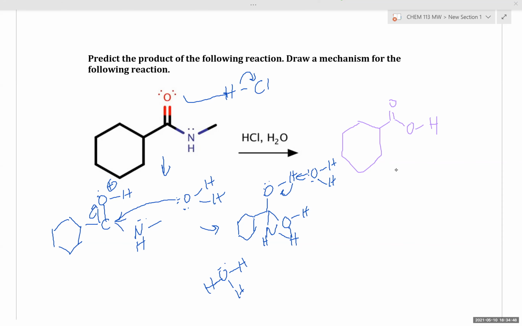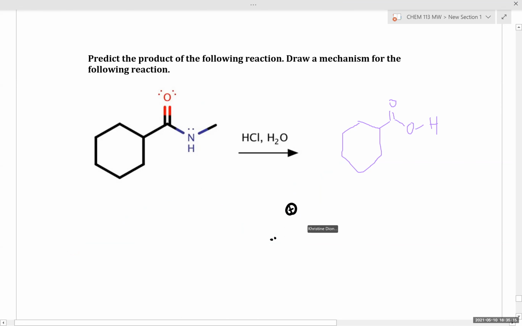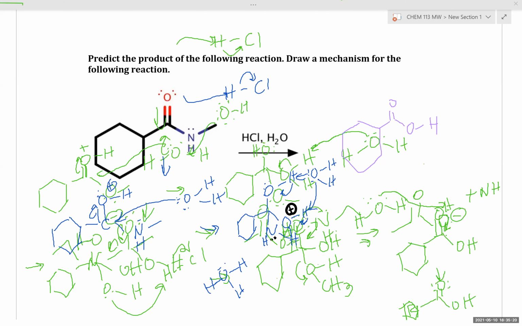So I would wait on that deprotonation step. We have to do a series of proton transfers before then, right? Because we have this positively charged water adduct, and we need to activate our amine as a leaving group, right? So first we have to pull off a proton from our alcohol, and then we have to protonate our amine.